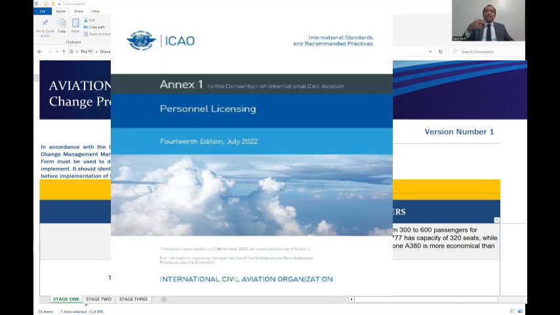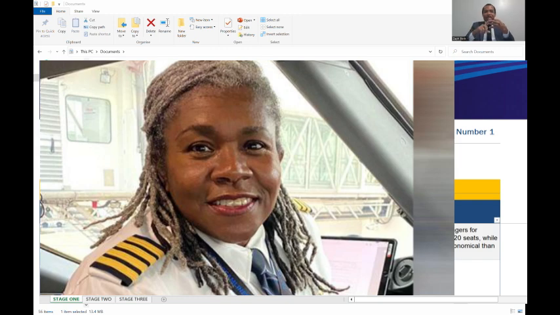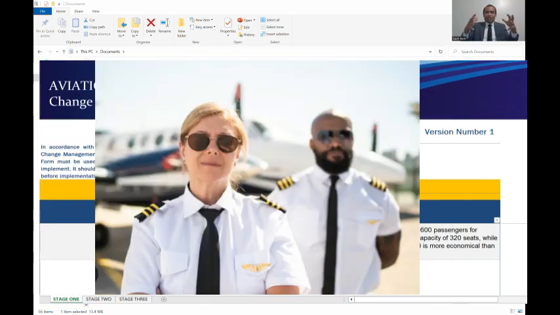Annex 1 has to do with personnel licensing of personnel in aviation. We talk about pilots, air traffic controllers, air traffic engineers, and aerospace engineers. When it comes to personnel licensing, what ICAO wants is that everybody across the board in terms of international operation is trained up to the same standard.